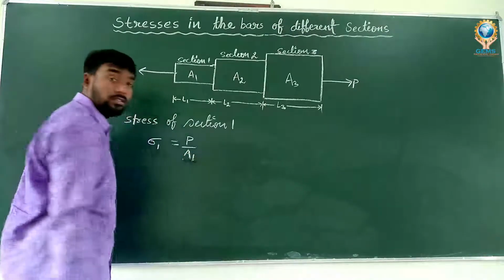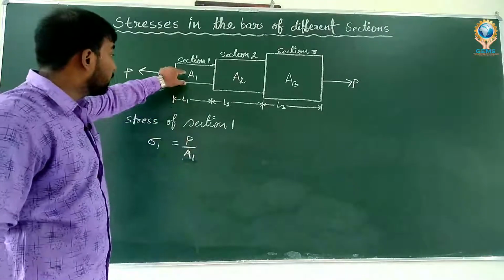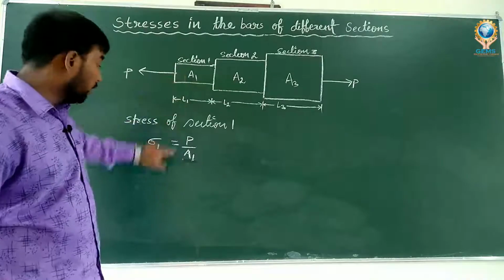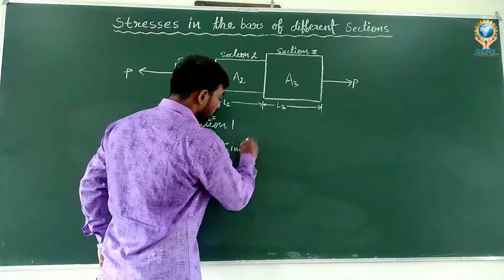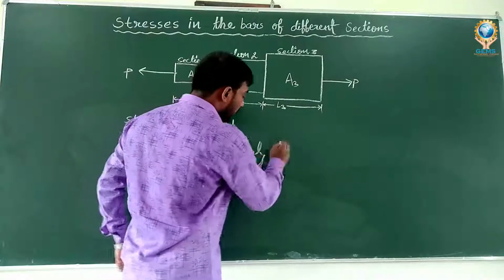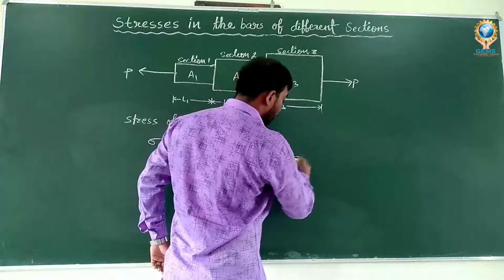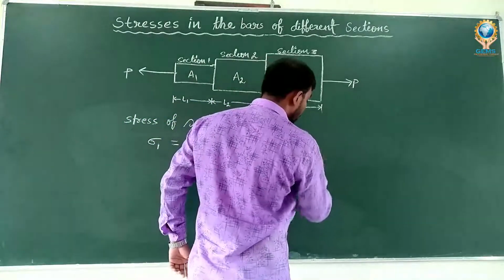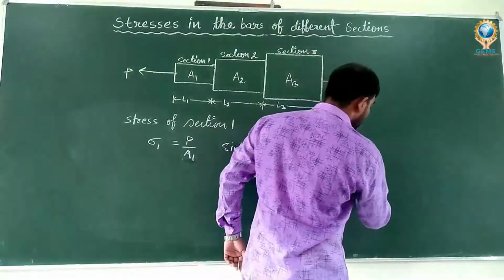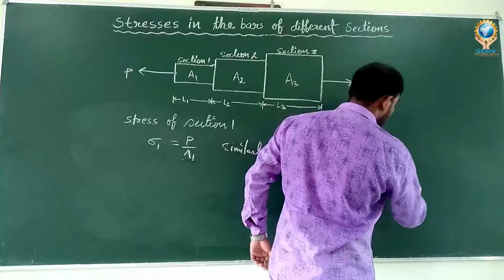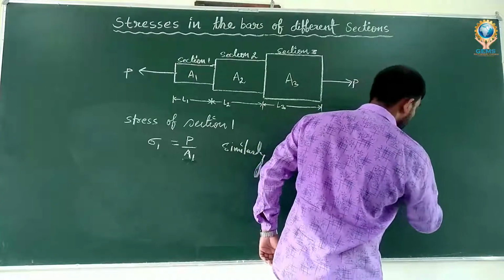Area 1, because we have to find the stress only for this section. Similarly, stress of section 2 will be P by A2, and stress of section 3 will be P by A3.